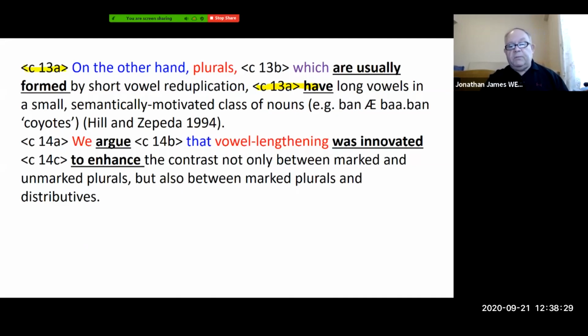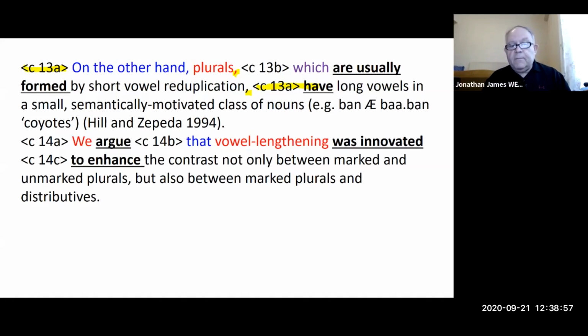It's interrupted by 13B. 13B is, again, a relative clause. You notice that it is set off by commas. What does that indicate? If you have a relative clause that is set off by commas, it is not a defining relative clause. It is a non-defining relative clause.